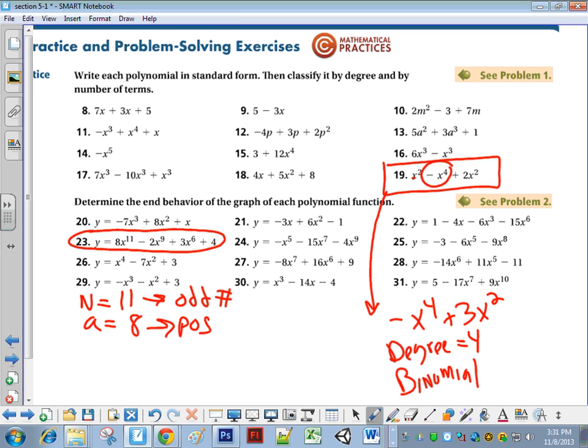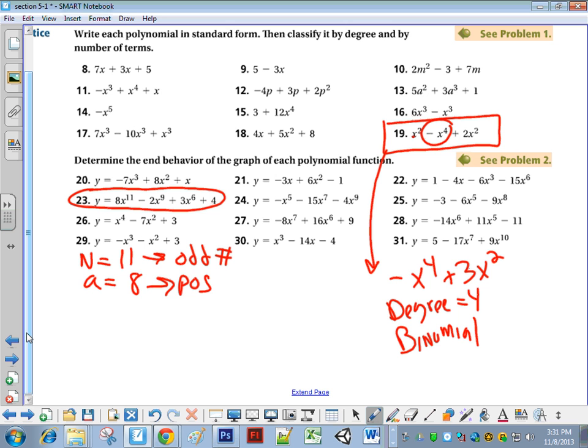So odd numbers, remember, have opposite behaviors. If it's positive and odd, it will be up. I'm sorry, I have to kind of think of a line. A positive line looks like this, so it's going to be down and up.